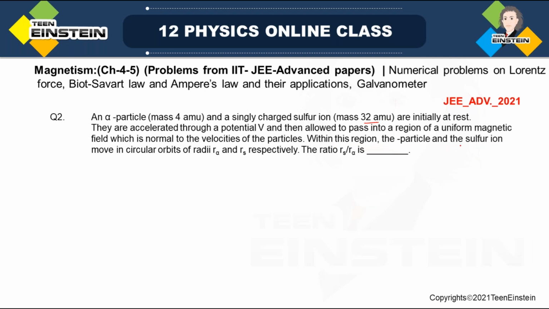Within this region, the alpha particle and the sulfur ion move in circular orbits of radius RA and RS respectively. Therefore, you have to find out the ratio of RS by RA. Okay, so you have to solve this problem.